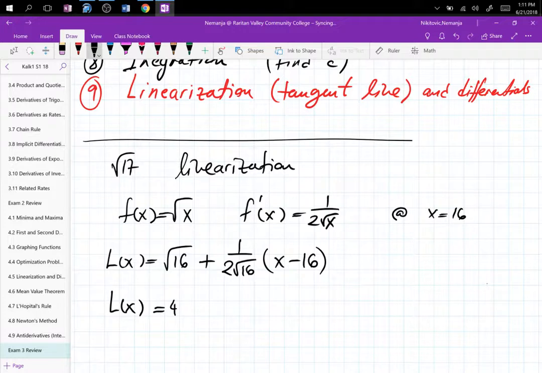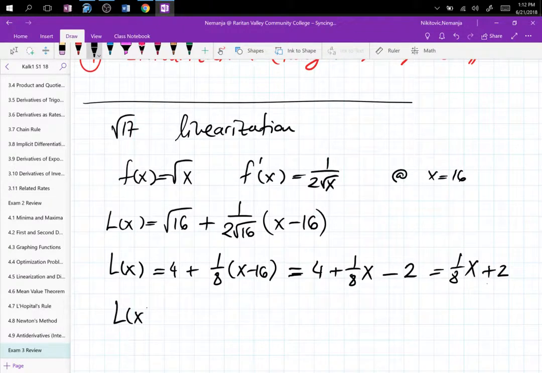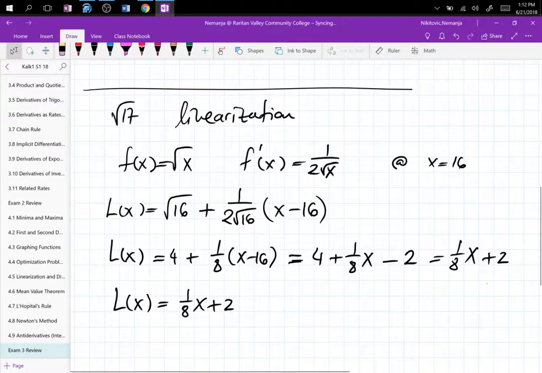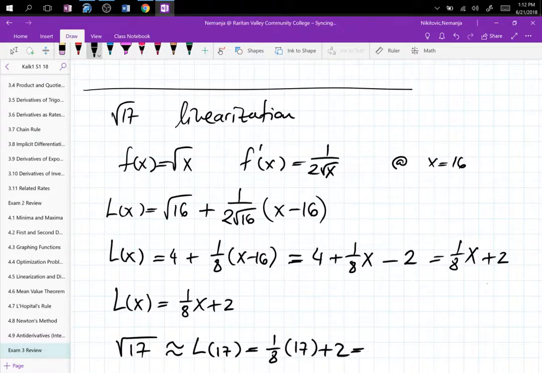Square root of 16 is 4, plus 1 over 8 times x minus 16. That's 4 plus 1 over 8 x minus 2, which is 1 over 8 x plus 2. So our linearization for the square root at 16 is simply 1 over 8 x plus 2. Now square root of 17 is approximated by L of 17, which is 1 over 8 times 17 plus 2.